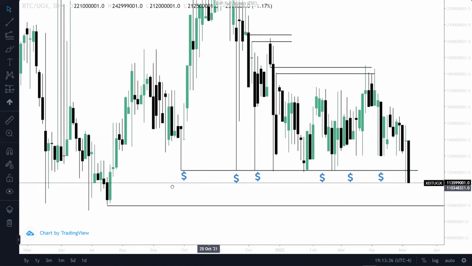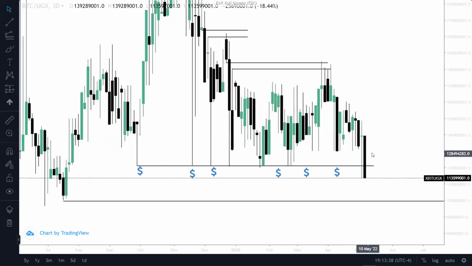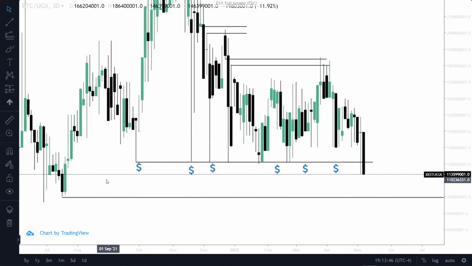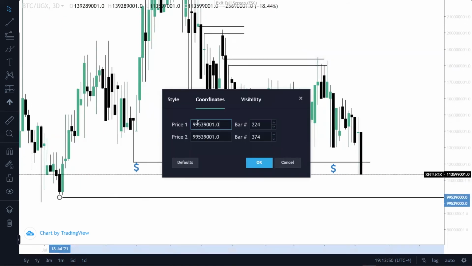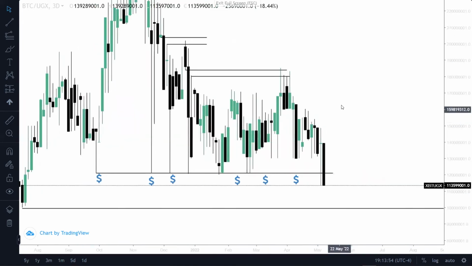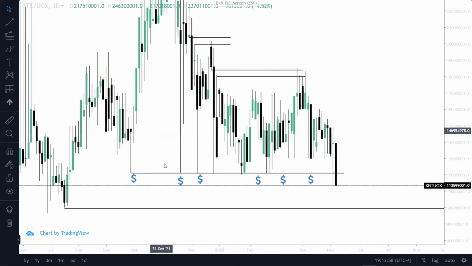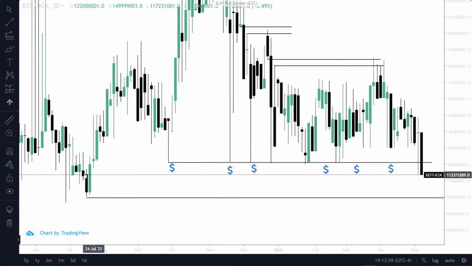So if you want to buy, your stop loss should be at this candle's low, which is 100 million Ugandan shillings, or something like 99 million Ugandan shillings. If I am to give you an entry, I want at least 50% of this candle to see price trade between that.